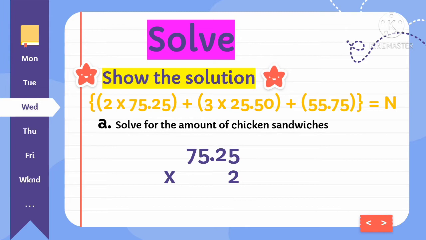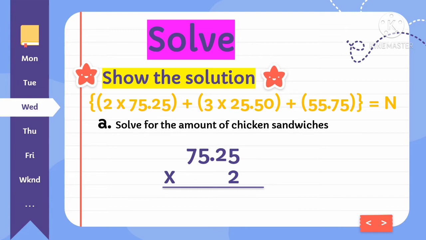So, we have 75 and 25 hundredths times 2. In multiplying decimals, para lang tayong nagmo-multiply ng whole number, but we have to consider sa ating final answer yung decimal point, kung saan natin ilalagay yung ating decimal point.